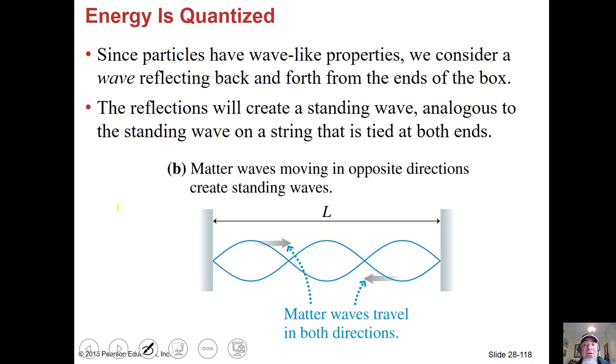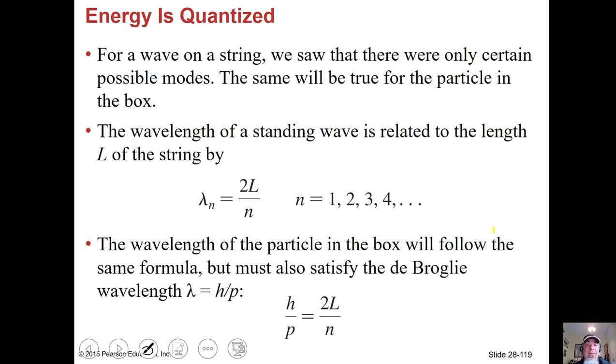Okay, since particles have wave-like properties, we consider a wave reflecting back and forth from the end of the box, and then you get standing waves, just like we did in Physics 220. I think it was probably chapter 16 or so. For a wave on a string, we saw that there were only certain possible modes, as I outlined here before.